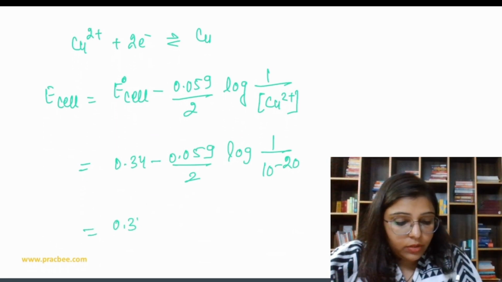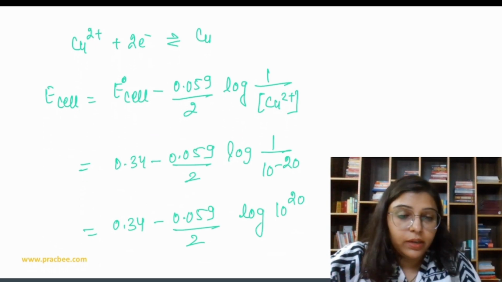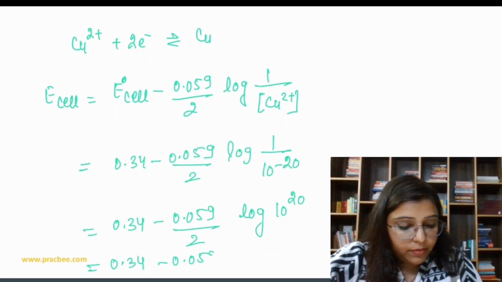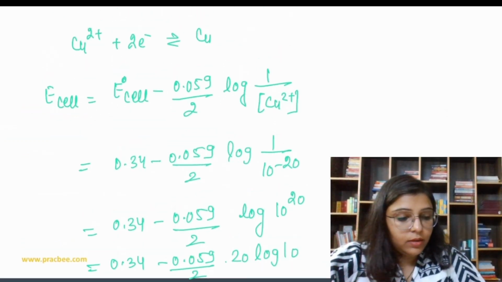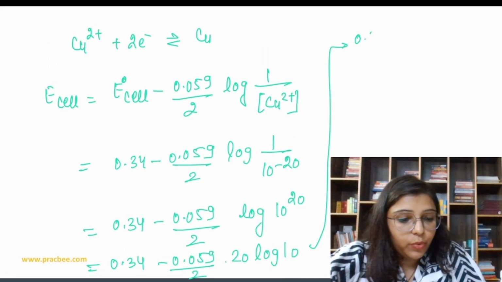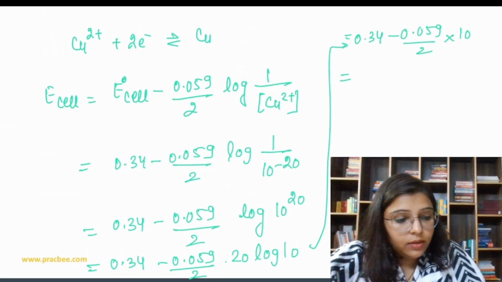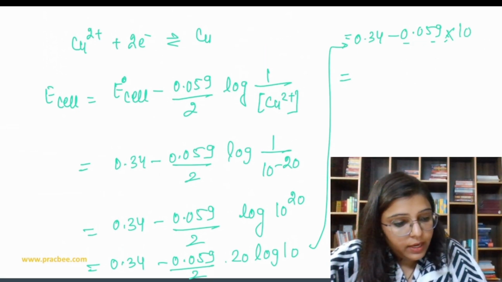Now let's solve it. So 0.34 minus 0.0592, and this becomes log 10 to the power 20, right? It goes in the numerator and we have 10 to the power 20. On solving further, we get 0.059 divided by 2, 20 log 10. Log 10 value is 1. So we get 0.34 minus 0.059 upon 2 into 20, which we can write as 0.059 into 10, which is 0.34 minus 0.59.